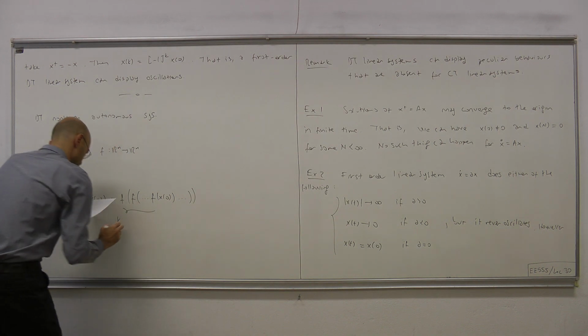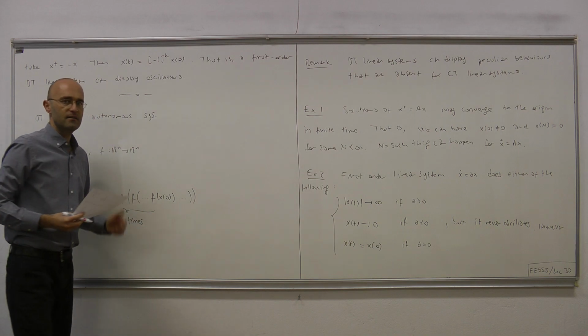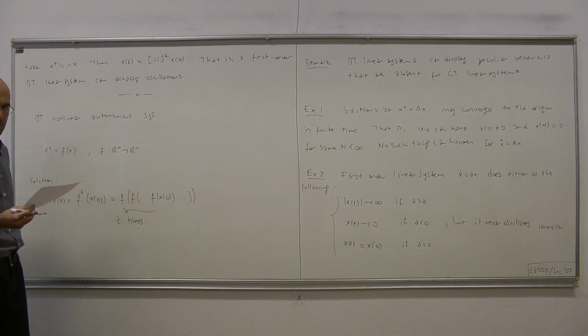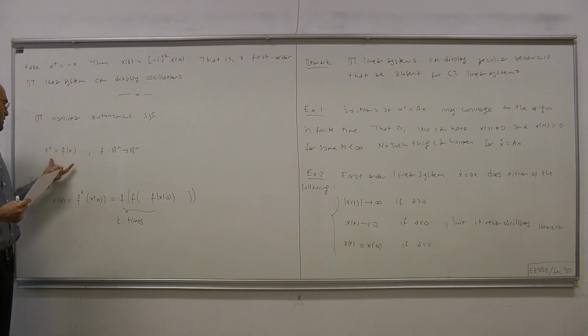Here we have k many f's, k times. So this is how we represent an autonomous discrete time system.